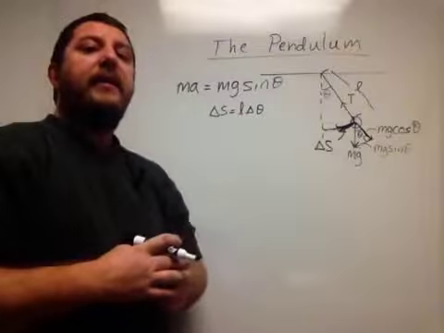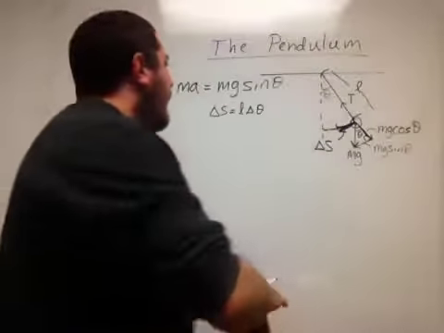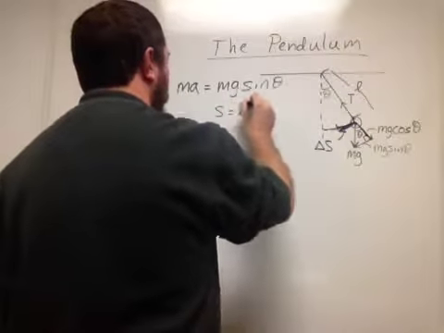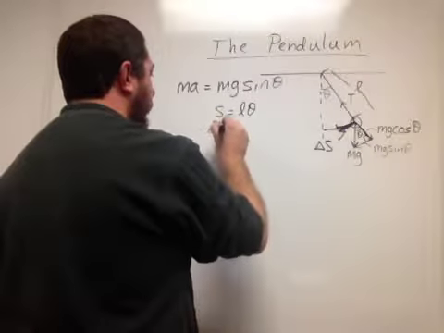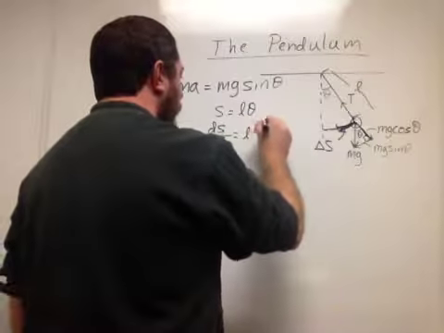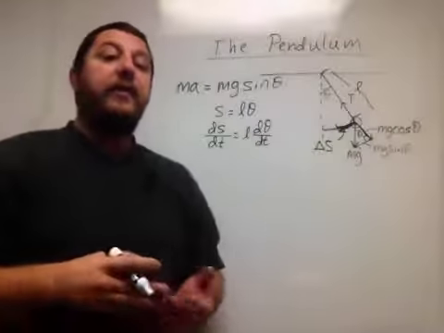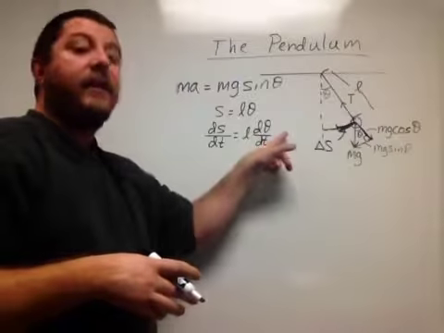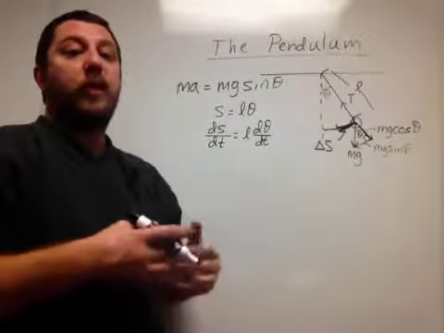Now, if I differentiate this, well, actually, let me write it like this: S equals L theta. And what I want to do is differentiate this with respect to time. And technically I would have to use the product rule and then take theta dL/dt, but the length of my pendulum is constant, so that term would go to 0.